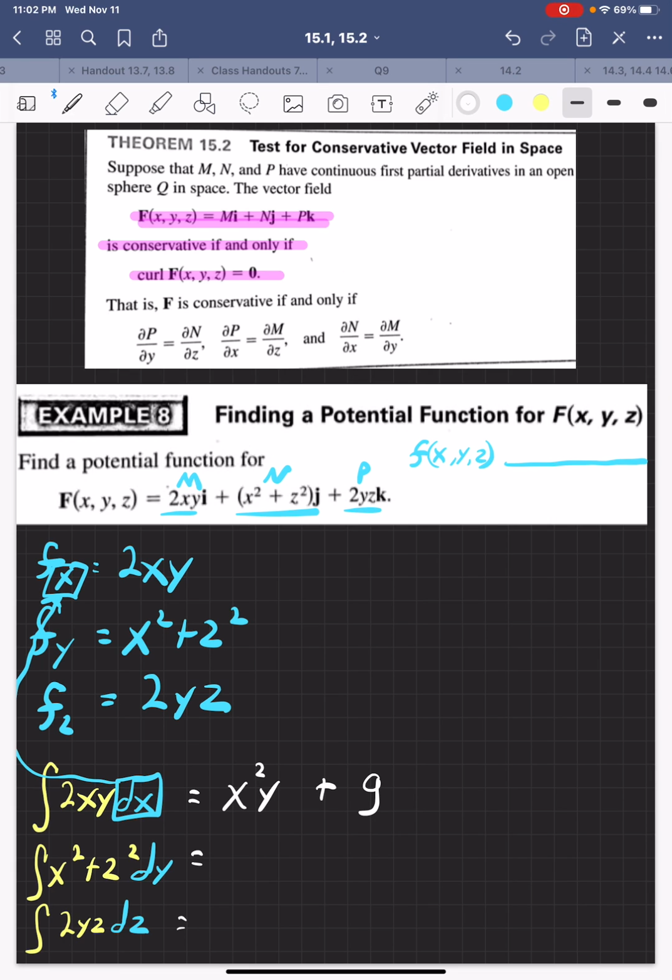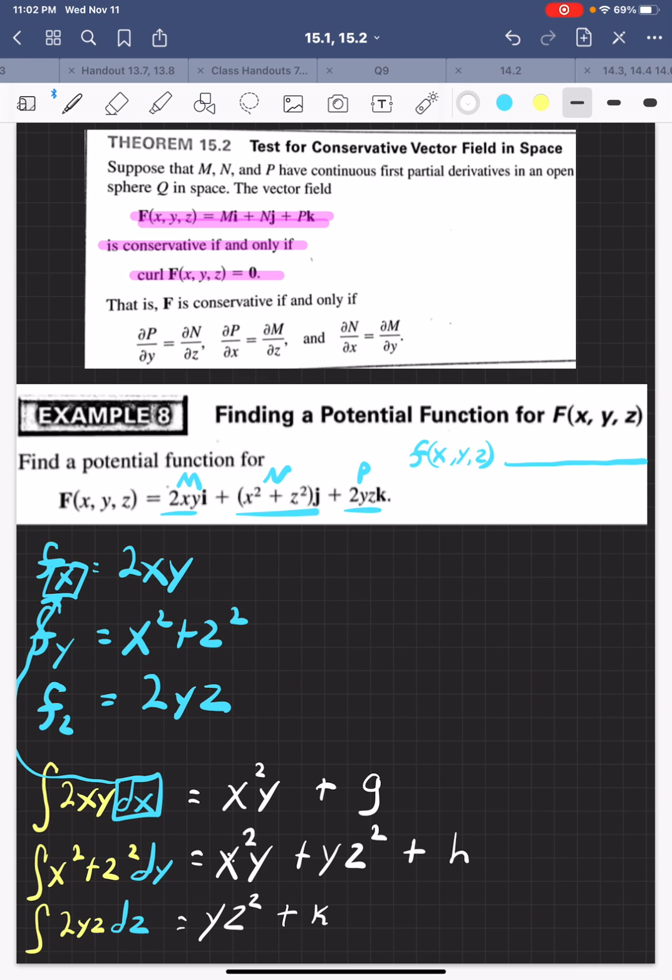If we now integrate with respect to y, we're going to get x squared y plus yz squared plus some constant of integration. We'll call it h. Finally, we have yz squared. If we integrate with respect to z, we'll just say plus, we'll use little k for the constant of integration.